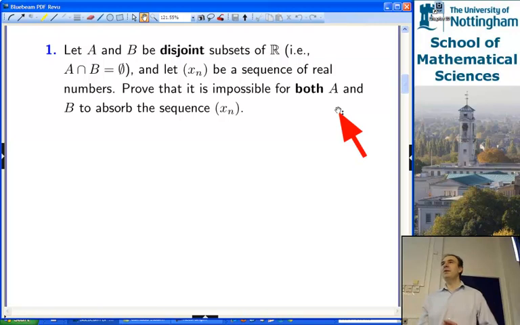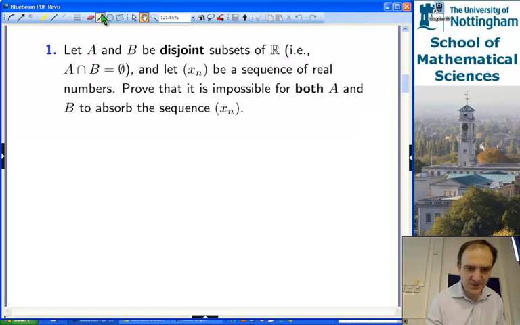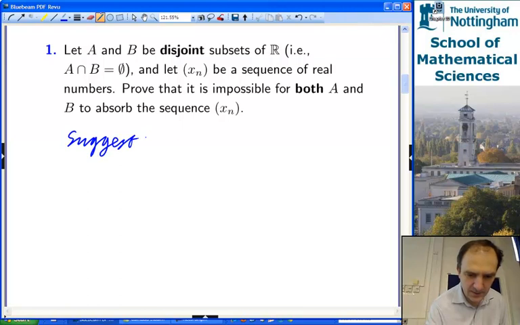That should be a quick deduction from the definitions, but of course you have to know the definitions to be able to prove it. It doesn't count as a proof to say they couldn't possibly both absorb it unless you can say because. So I'm going to suggest proof by contradiction, though it doesn't have to be done that way.